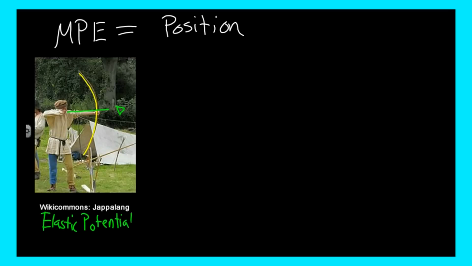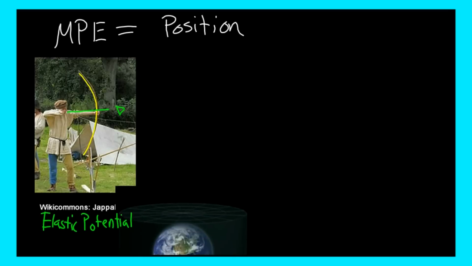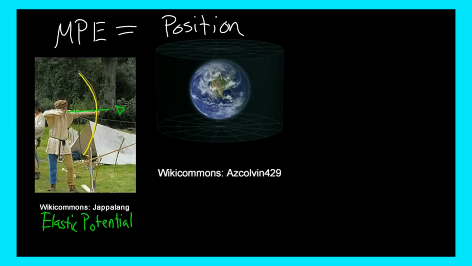Now, the primary mechanical potential energy that we run into has to do with the Earth and the amount of mass the Earth has. So the Earth is pulling everything towards its center of mass.